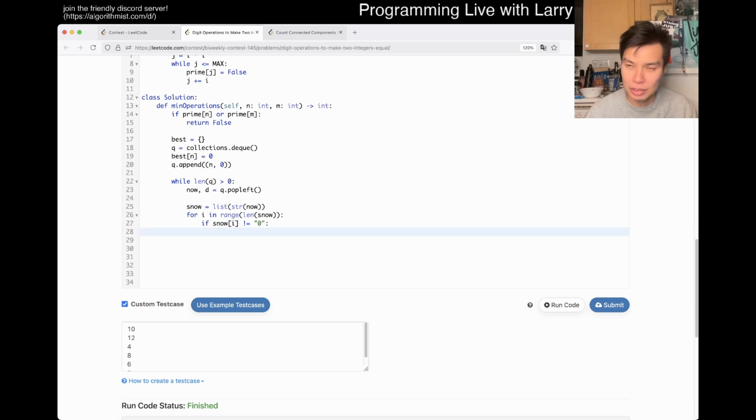I guess I can actually just go directly, right? So it's going to be power of 10 to the i. No, because it's in the other direction. This is so annoying.